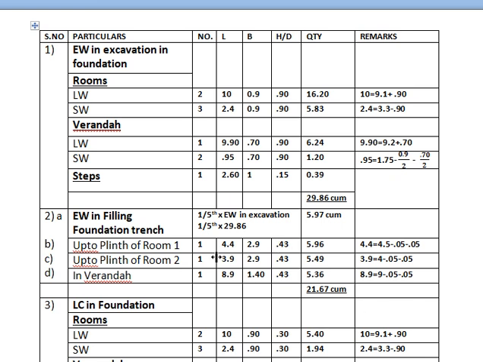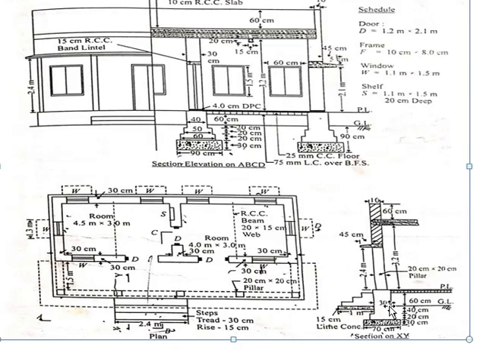Now talking about its height. If you see up to the plinth from the cross section here, from ground level up to the plinth, the total height is 60 centimeter, that is 0.60.